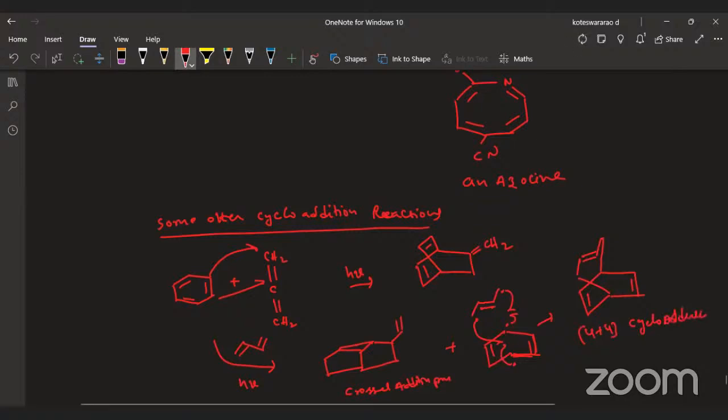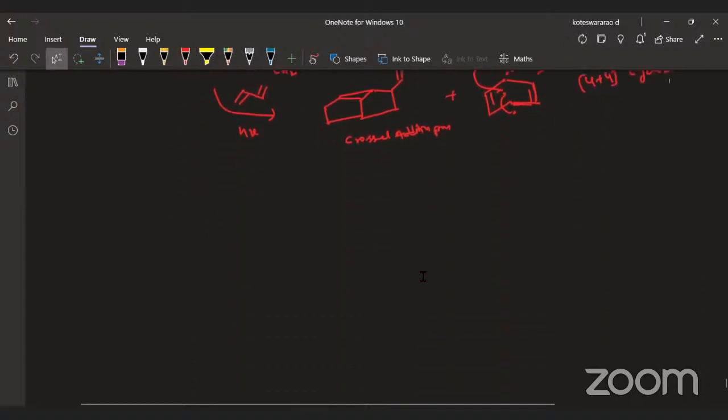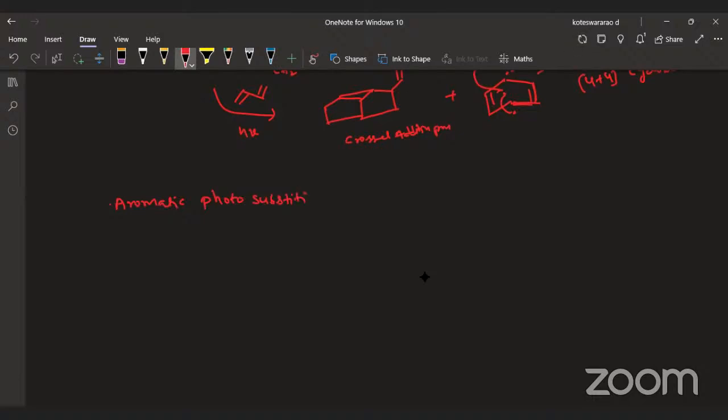Next, coming to substitution reactions. Substitution reactions are very familiar for aromatic compounds. Electrophilic substitution and nucleophilic substitutions are very generally seen. But when we come to the photochemical substitution reactions, aromatic photo substitution reactions, again these are two types.